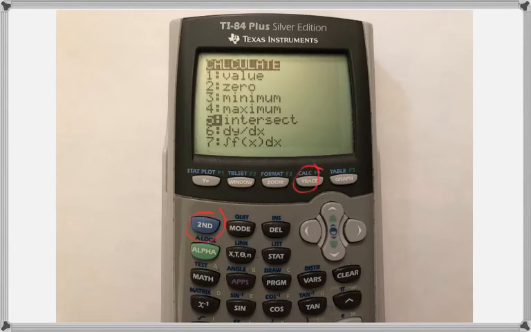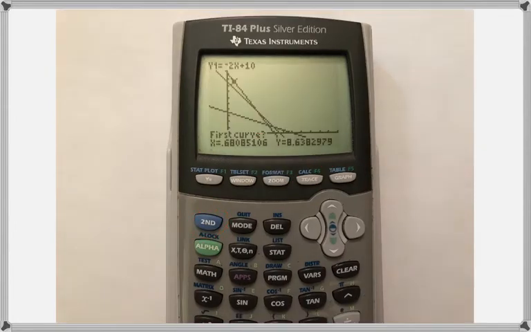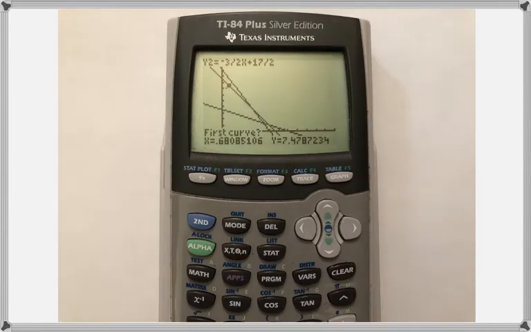I want to use the intersection command again. So second calc, intersect, and this time I'm trying to find this intersection point. So I want to select this line and this line. So my cursor is not on the correct line. So again, up and down, that changes the line that you're on. So if we press down, we get onto Y2, which is one of the lines that I'm looking for.